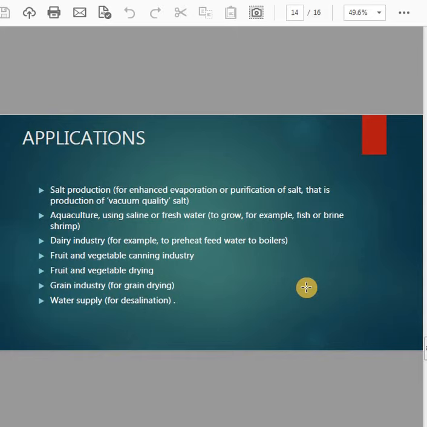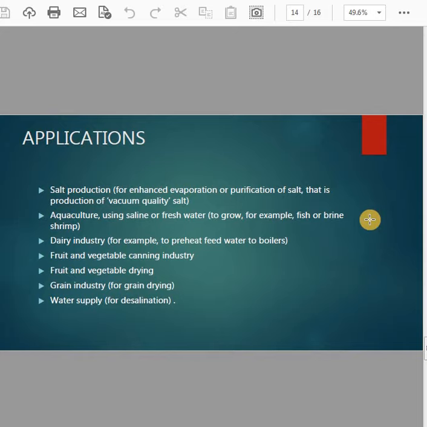Now the applications of solar ponds. Salt production, where enhanced evaporation and purification of salts take place. Aquaculture, using saline water to grow, for example, fish or brine shrimps.